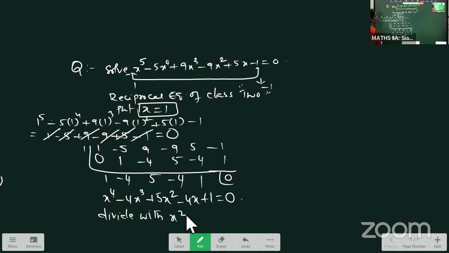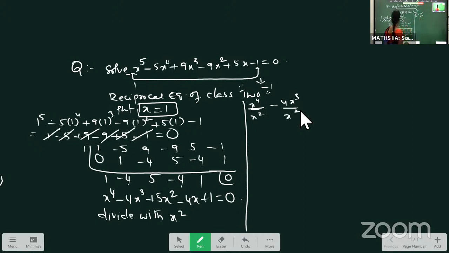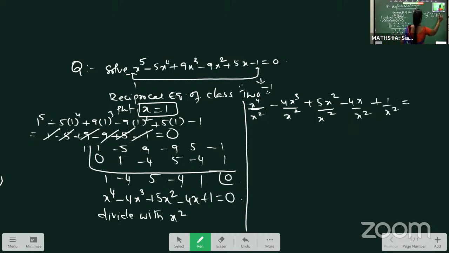Then x power 4 by x square, minus 4x cube by x square, plus 5x square by x square, minus 4x by x square, plus 1 by x square is equal to 0.